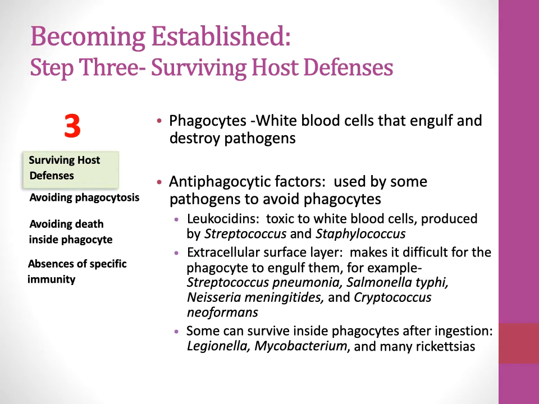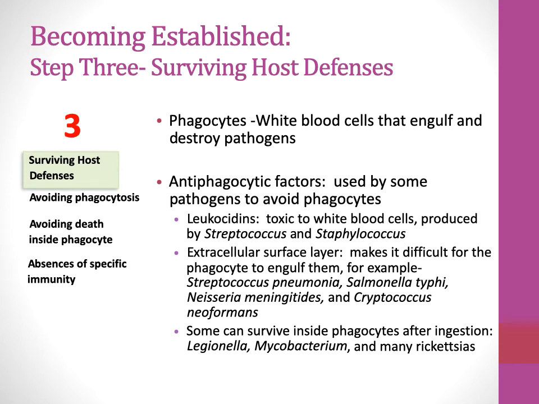So microbes can produce leukocidins. Those are toxins that kill white blood cells. Or they could have an extracellular surface layer that makes it tough for phagocytes to attach. Again, that's where the capsule form of the glycocalyx would help with that.